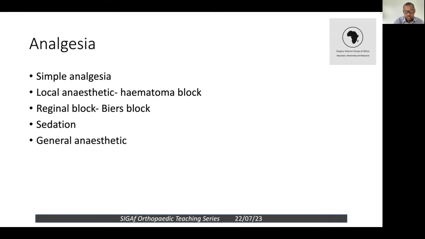But I think in the UK, both guidelines advocate for a regional block. And in our center, we use what we call a PS block. So basically, we put a double cuff in the upper arm, and then you put a cannula there, and we use prilocaine.